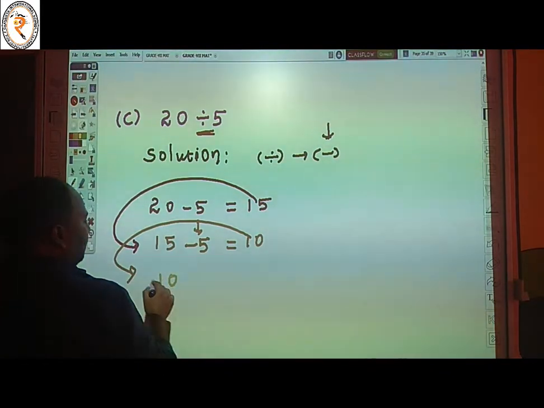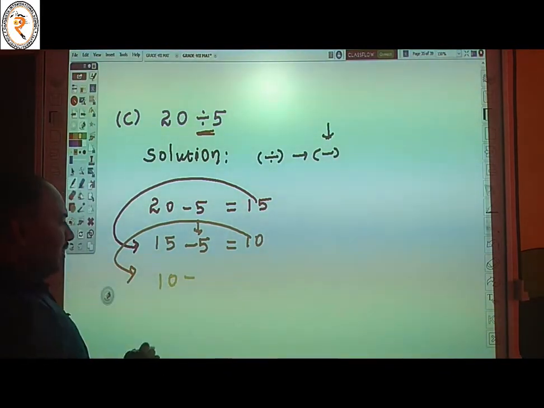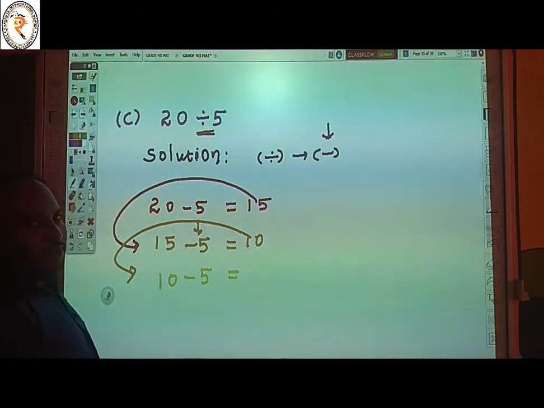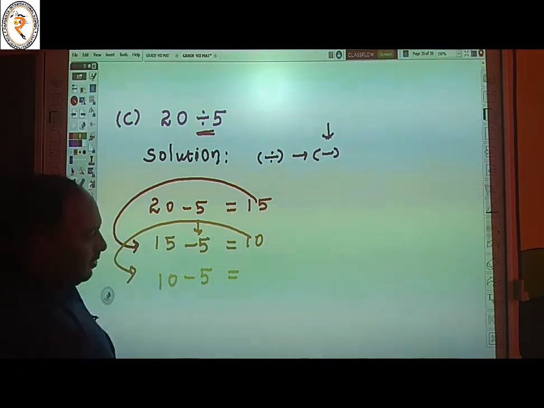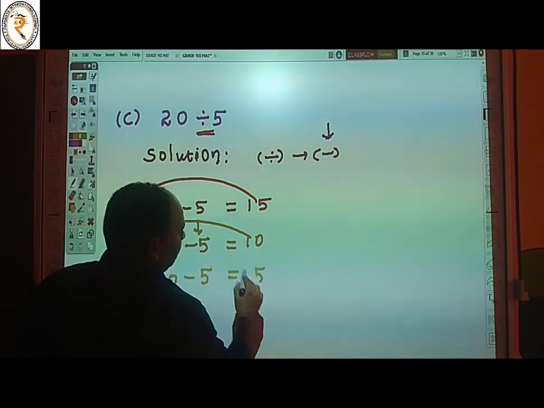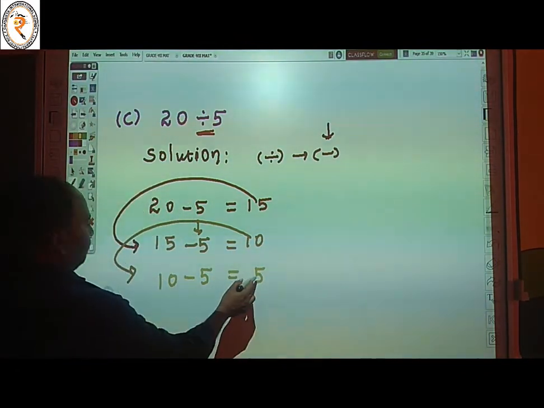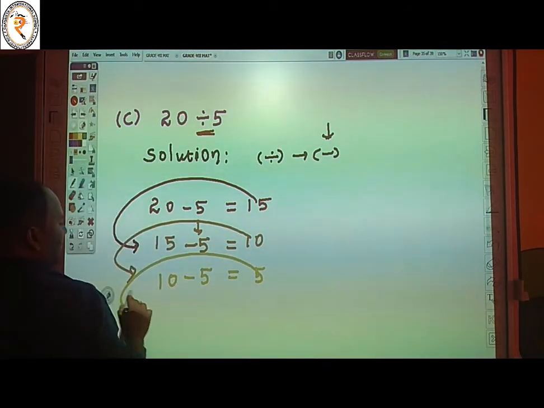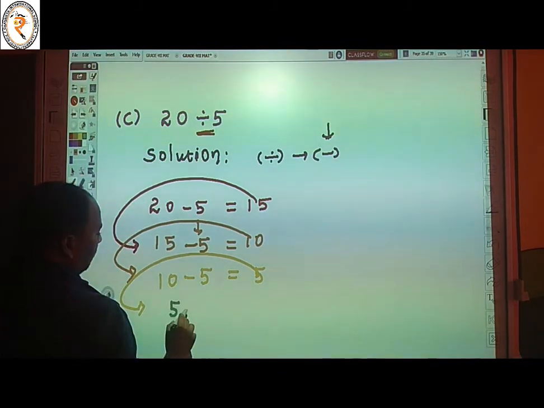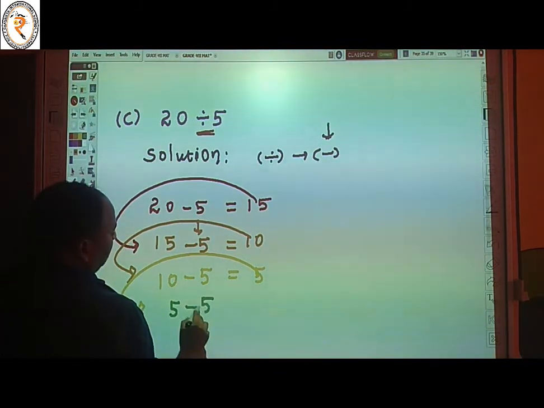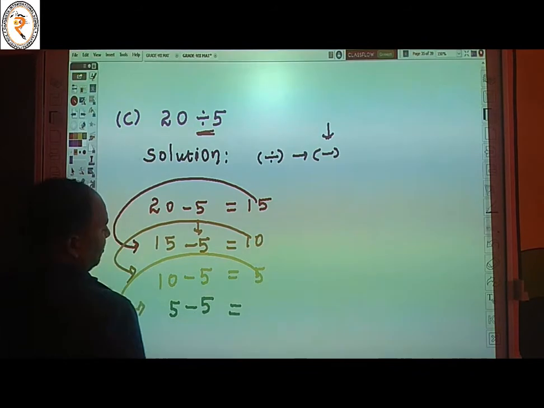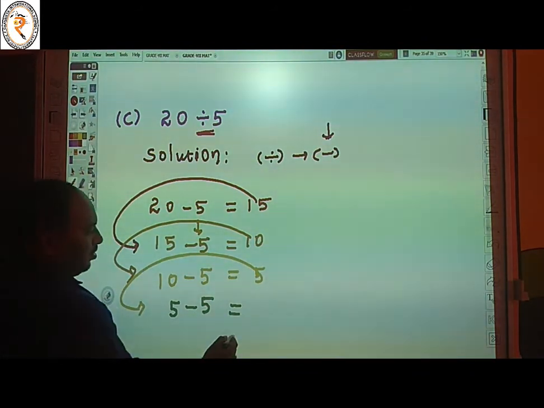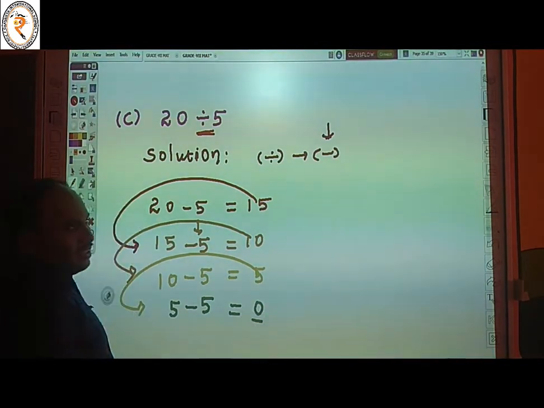So take 10. Again we take minus 5. 10 minus 5 is equal to 5. Here our answer is 5. Again we take minus 5. 5 minus 5 is equal to 0. Our final solution is 0.